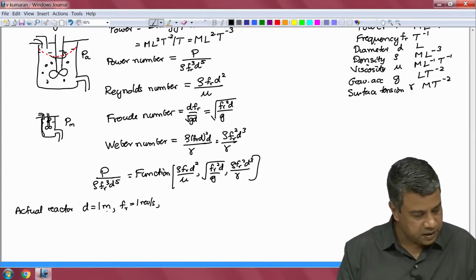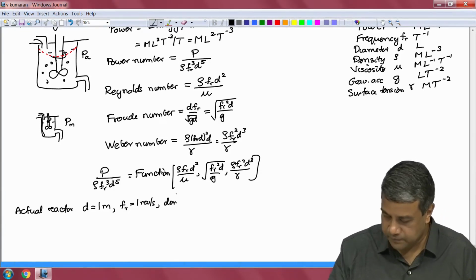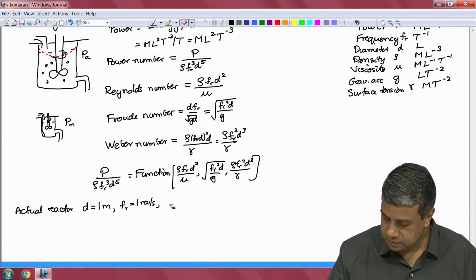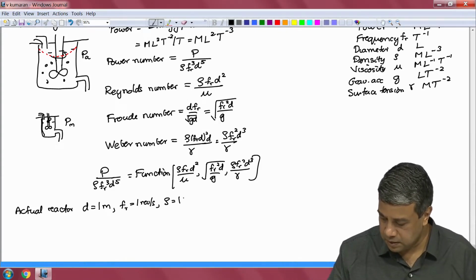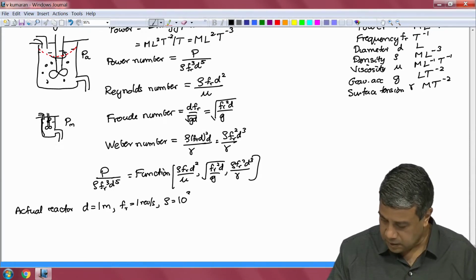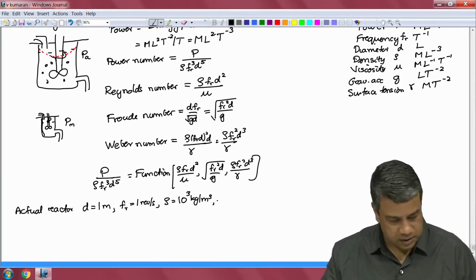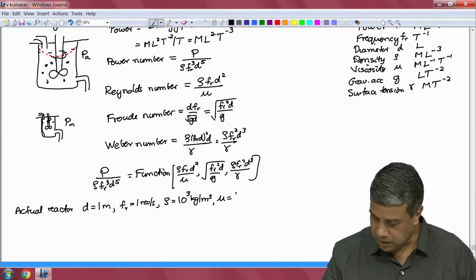I want to use a liquid with density rho is equal to 10 power 3 kg per meter cubed, that is the density of water, and mu is equal to 1 kg per meter per second.